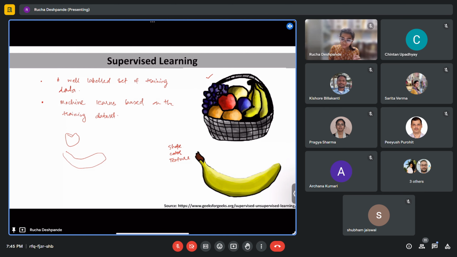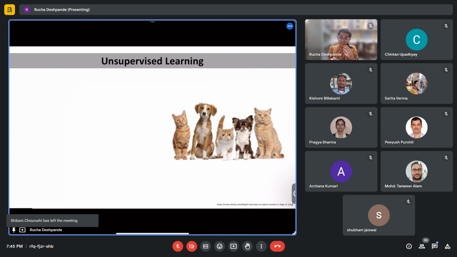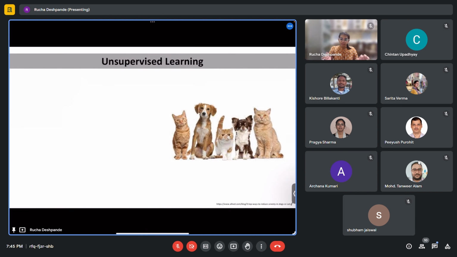Whereas in case of unsupervised learning, there would be no training dataset as such, and there would be no prior information. For this algorithm, suppose this is an image of cats and dogs, and the machine has no idea about how the features of these animals are.